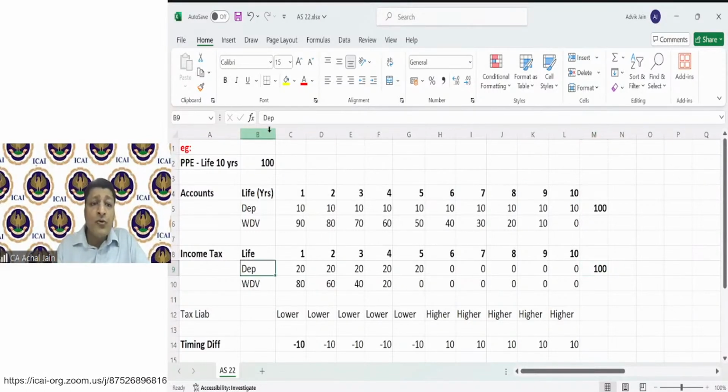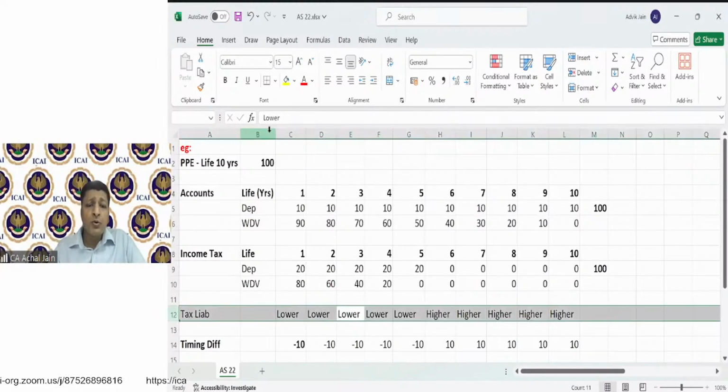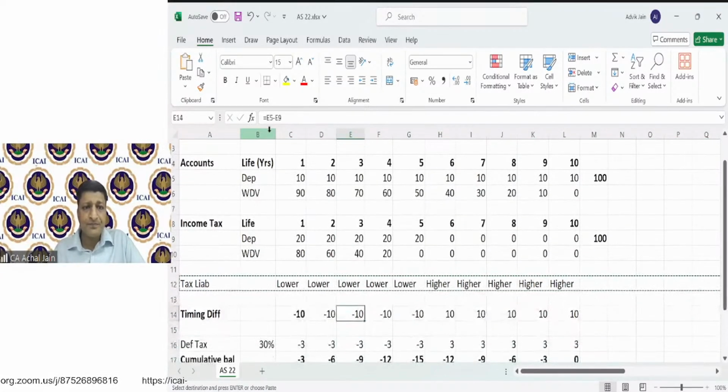However, if you look at the depreciation charge year on year, in the first year, depreciation charge as per books is 10, as per income tax is 20. Again, the same thing is repeated in the second year. Again, the same thing is repeated in the third year, and so on it continues. Now let us try to compute this difference.